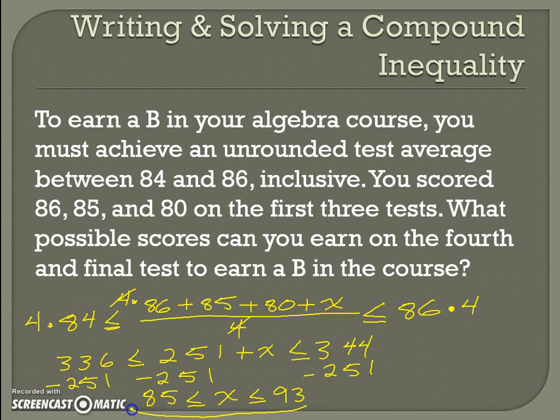Okay, so as long as you get an 85 to a 93 on this particular question, then you will earn a B. So this is how you can actually use these compound inequalities to help you figure things out. This tells you what scores you need to get a B.